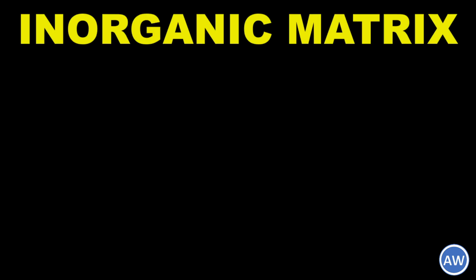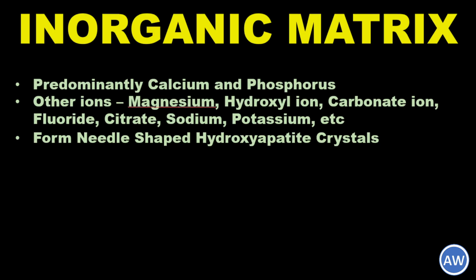The inorganic matrix consists predominantly of calcium and phosphorus. Other ions like magnesium, carbonate, hydroxyl, chloride, fluoride, citrate, sodium, and potassium are also present in significant amounts. Most of the calcium, phosphate, and hydroxyl ions are in the form of needle-shaped crystals that are given the name hydroxyapatite.